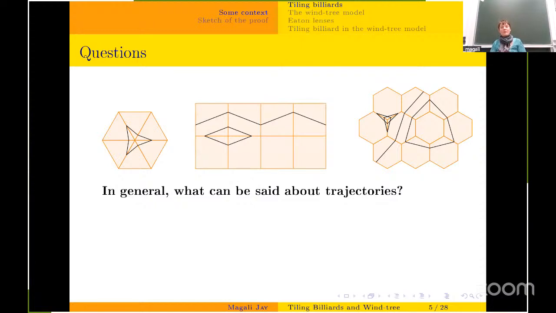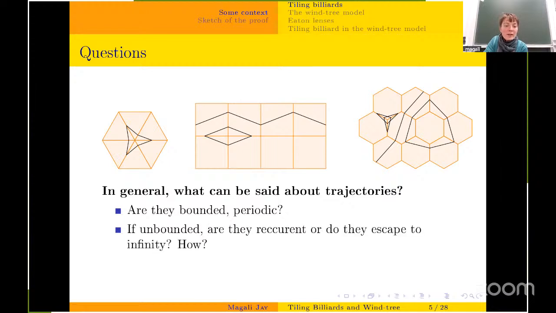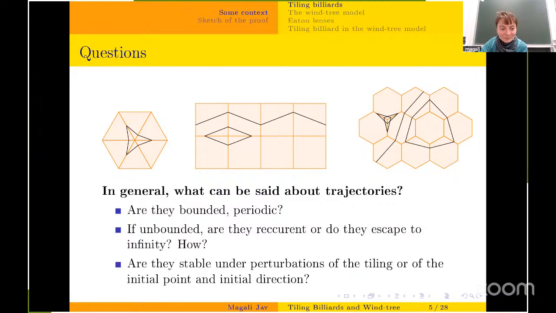So the questions we ask are the following. What can we say about the trajectories? Are they periodic? Are they bounded? If they are unbounded, are they recurrent? Or do they escape to infinity? And if so, can we say something about the way they are escaping?